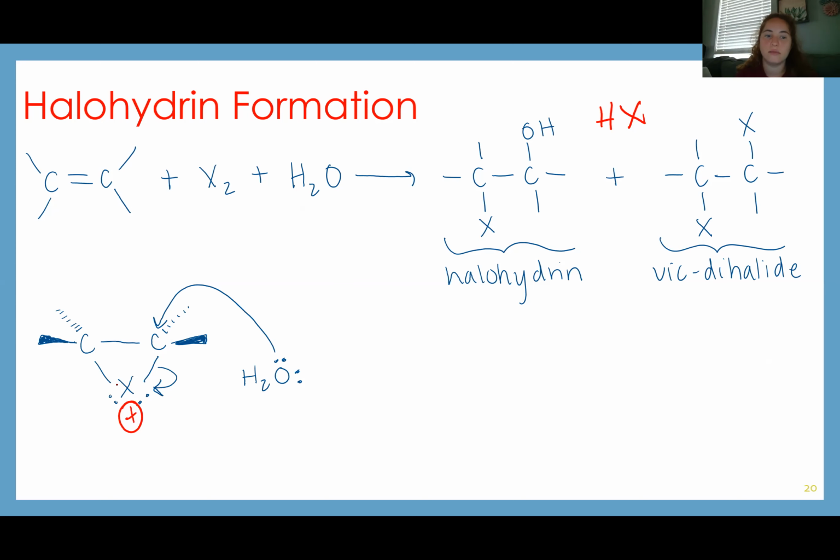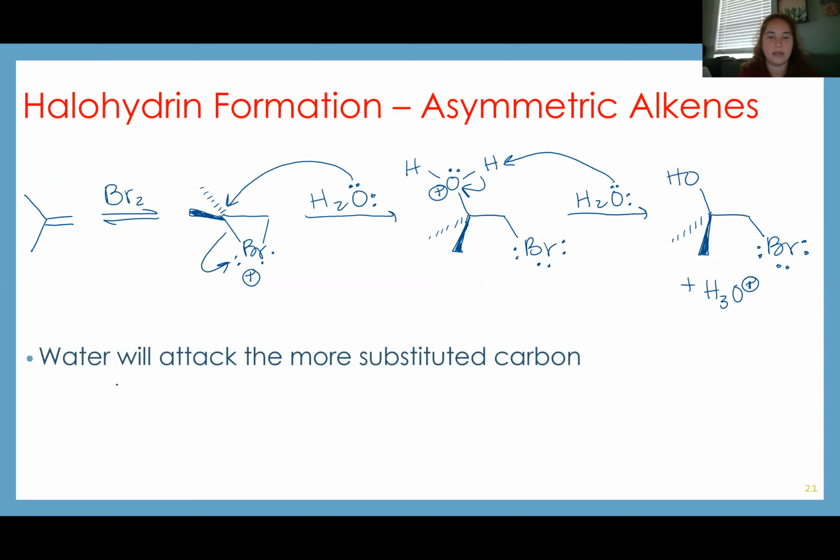There is some regioselectivity with this reaction as well. So if you have an asymmetric alkene, when you form that bridging bromonium ion, the water is going to preferentially attack the more substituted carbon, which is a weird concept. That's not what we usually see with substitution type reactions.